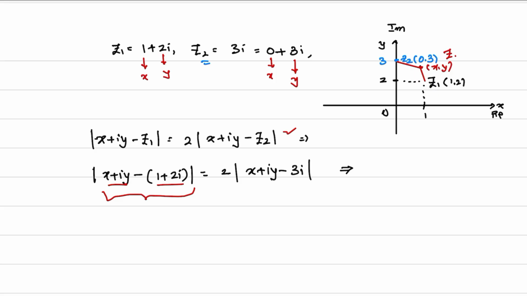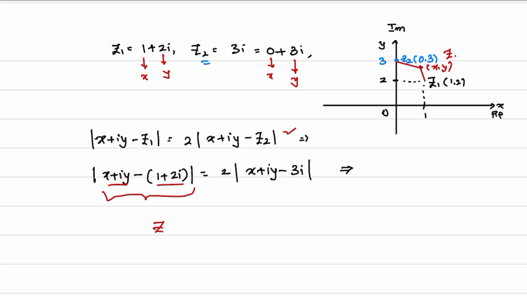Please try to understand. A point (x, y) is defined in such a way that the distance between (x, y) and z1 is equal to 2 times the distance between this point z and z2. Let me say this point is z.